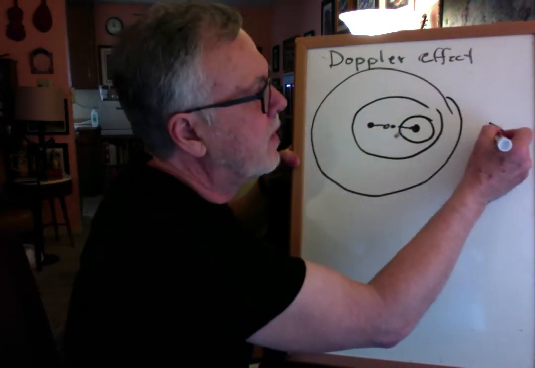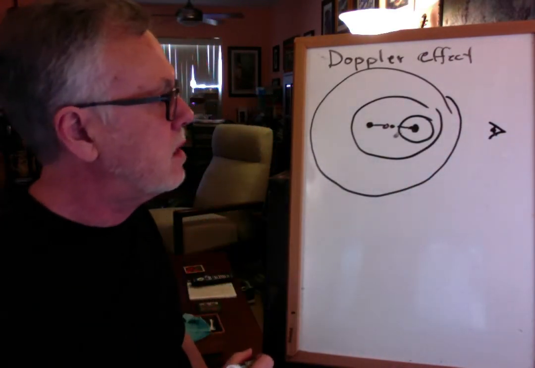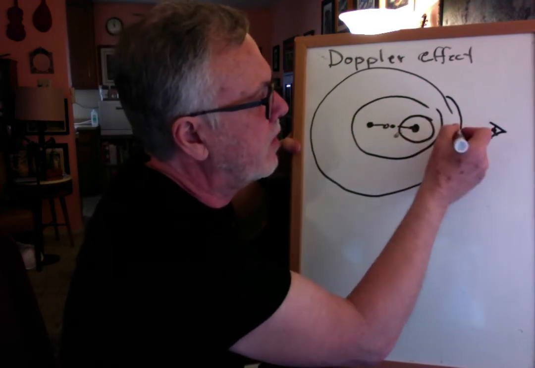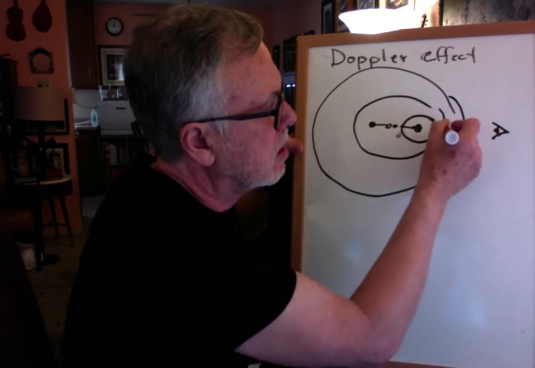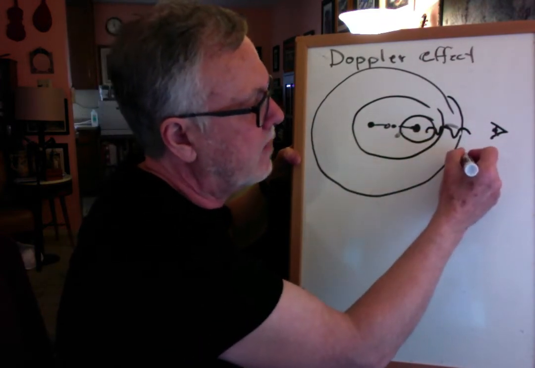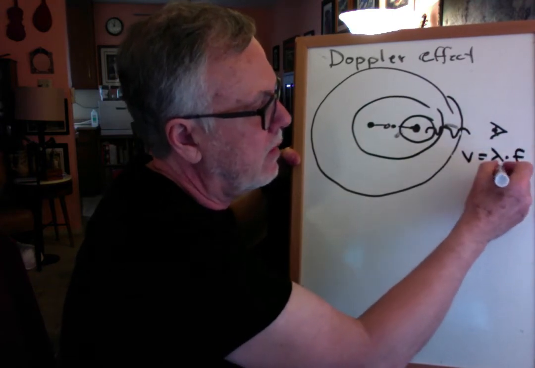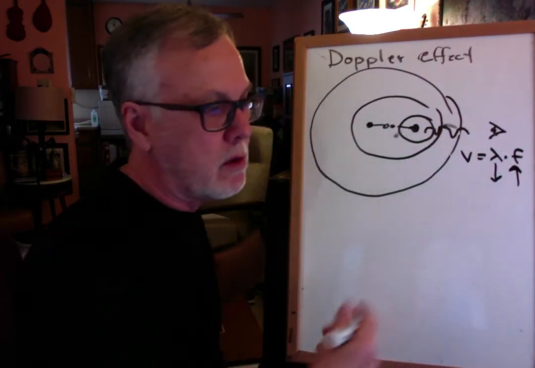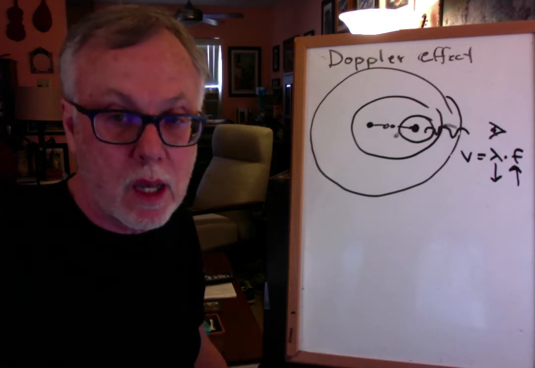Now, if I'm observing, what happens is that basically as the wave comes toward me, if I could draw this carefully, my wavelength would be small. And so I would find, since the wave speed equals the wavelength times the frequency, if that gets small, the frequency has to get big, because the wave speed in water is always constant, or the wave speed of light is always constant.